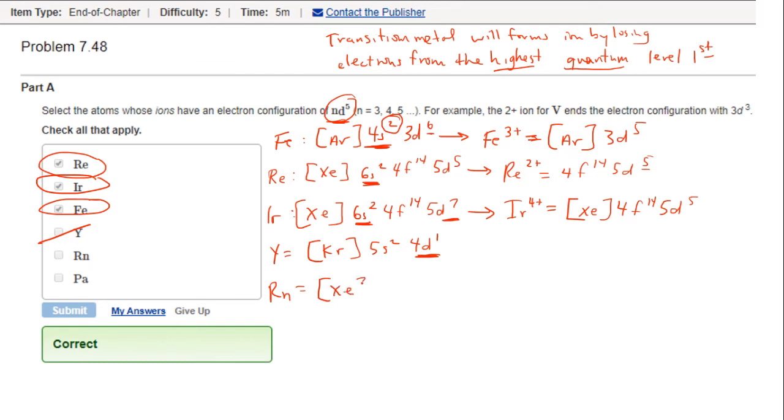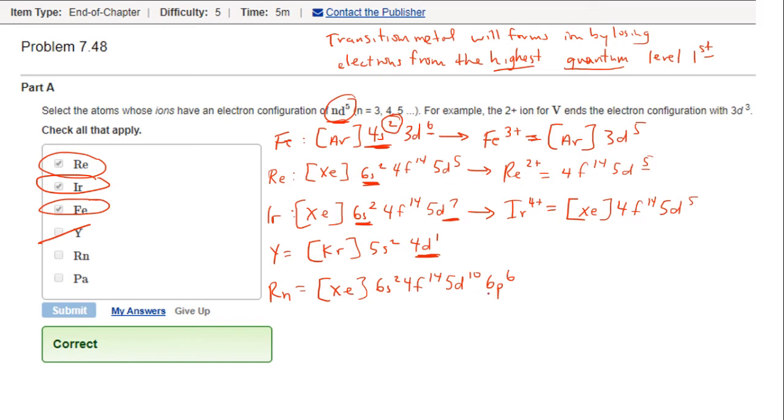Take a look at radon, which is a noble element, to see that its electron configuration is xenon 6s2 4f14 5d10 and then 6p6. In this case, we have more than enough electrons, but noble gases do not want to lose electrons.